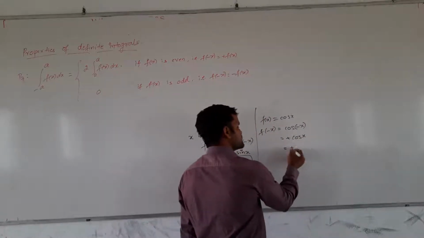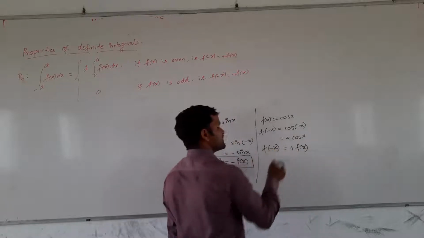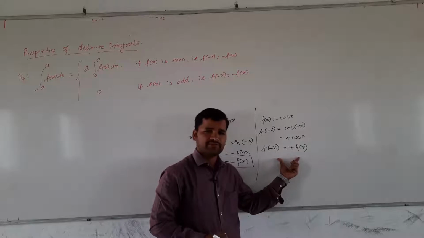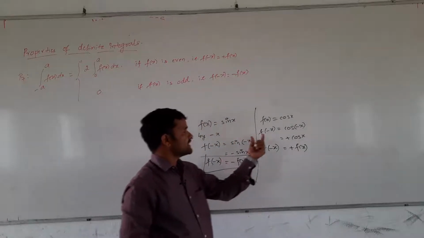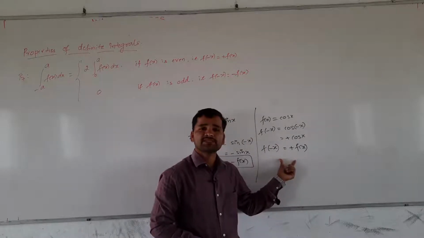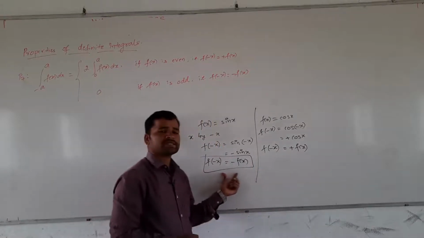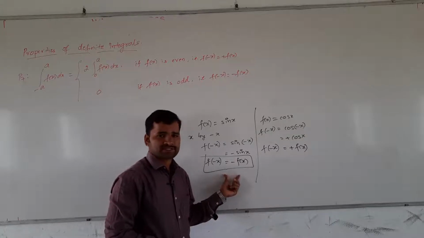This is f of x again. f of minus x, what am I getting here? I am getting plus f of x, and there I got minus f of x. If we get f of minus x is equal to plus f of x, then we call such functions even functions. And if we get f of minus x is equal to minus f of x, we call such functions odd functions.